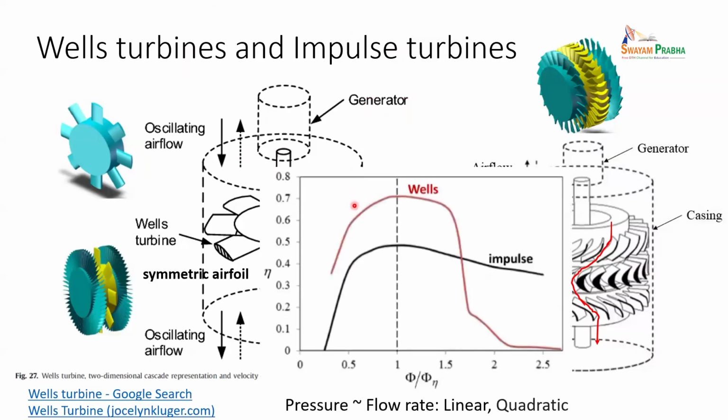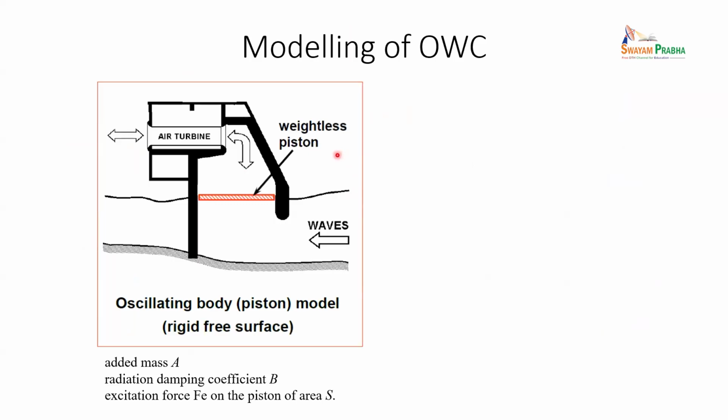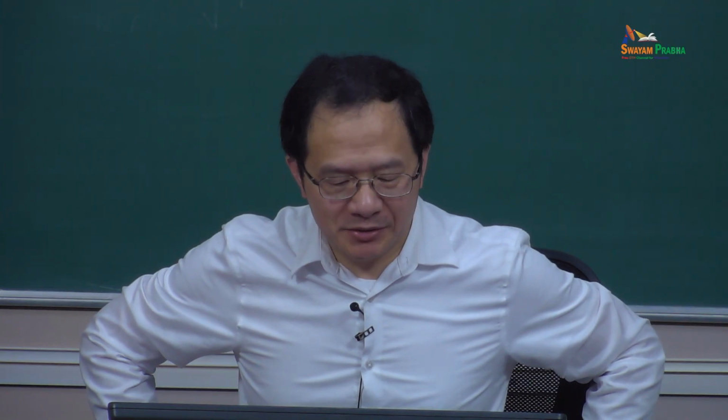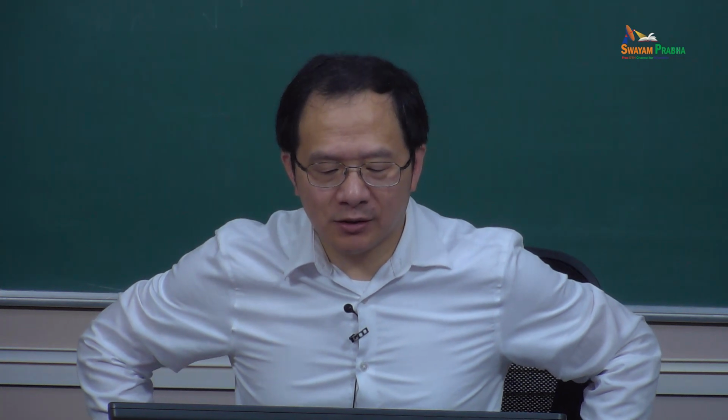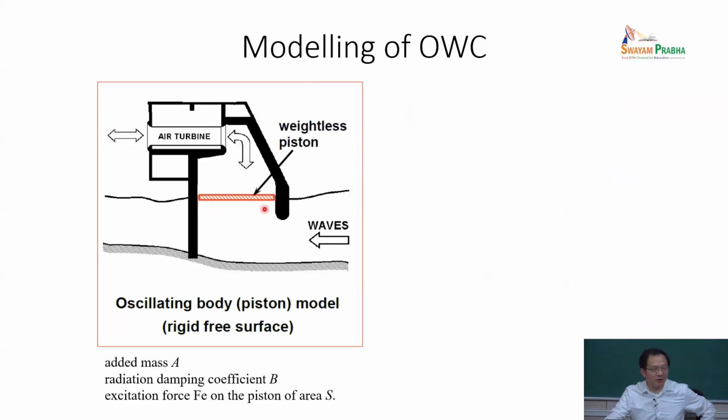Okay, so now how to model this system, right? There are two ways to model the system. One way is to use the concept we already learned, called the piston. You just imagine that you have a piston here, and the piston moves up and down. When the piston moves up and down, that is similar to the oscillating body system we learned, right?